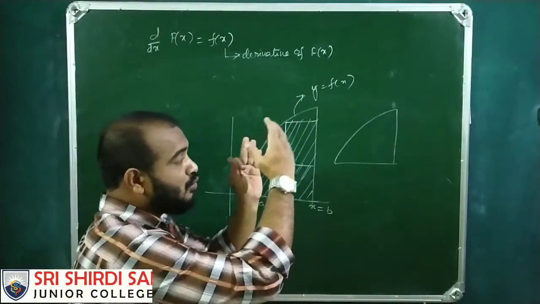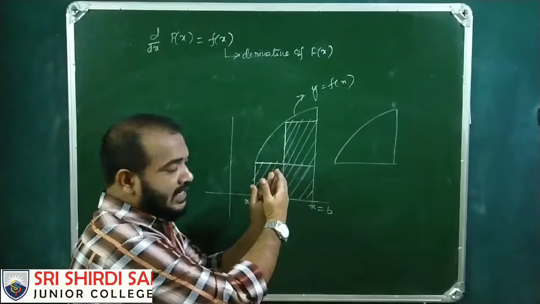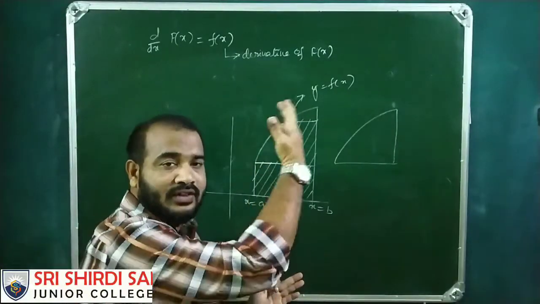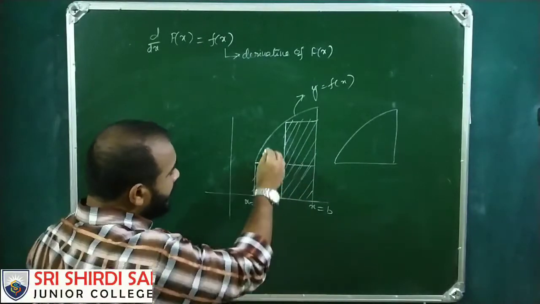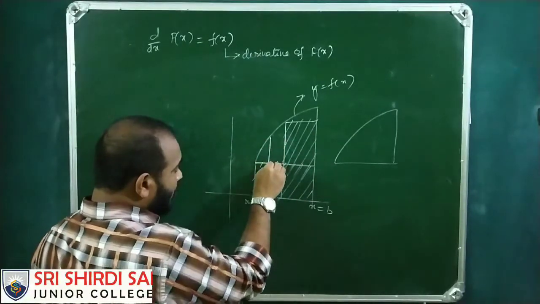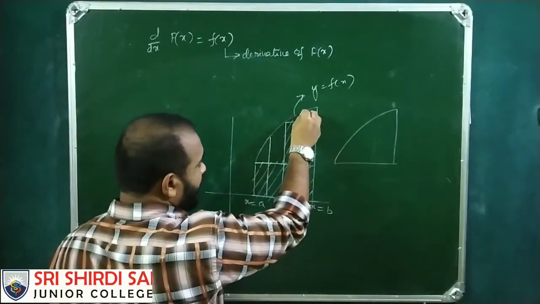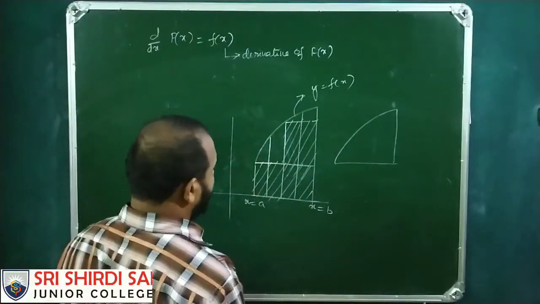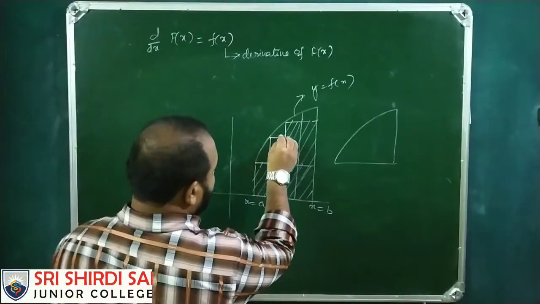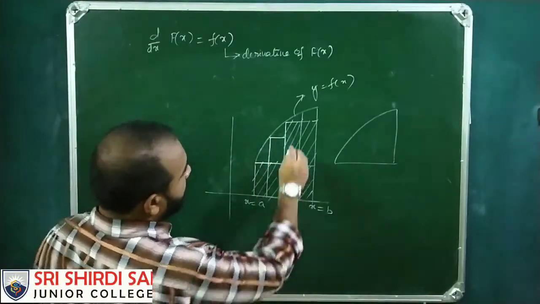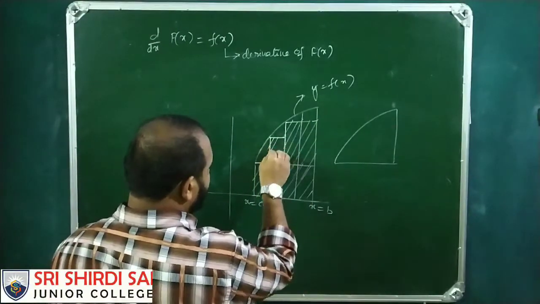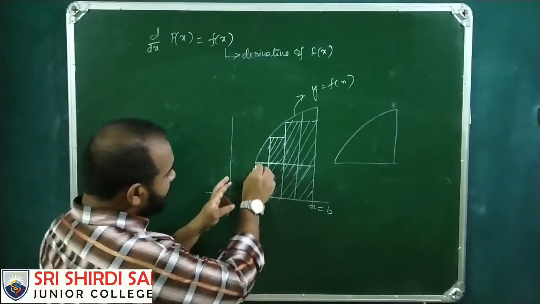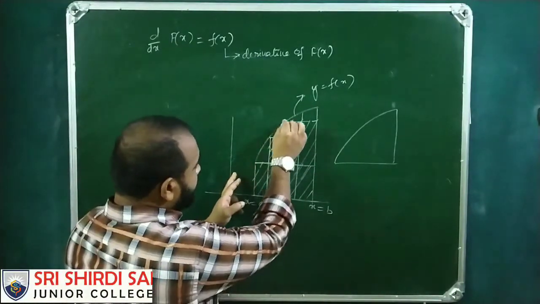So compared to the earlier one, this gives a more approximate value. And if I make this into further strips, further rectangles, and join these areas, then this time only this small area is missed out.